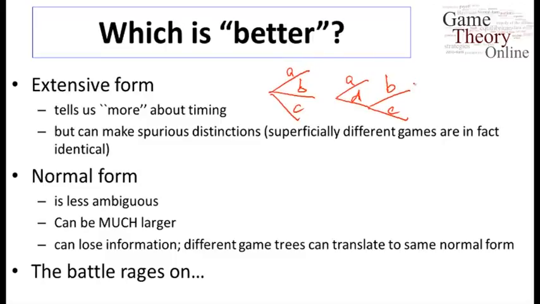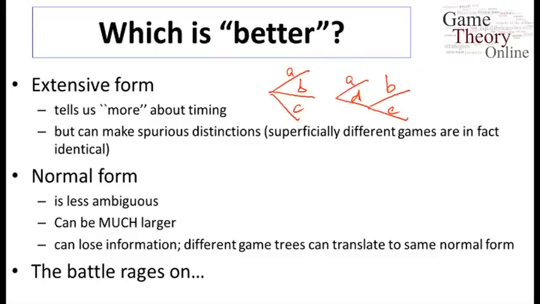On the other hand, similarly, one could argue that the normal form game loses information because different game trees translate to the same normal form. It turns out to be an interesting philosophical debate that is not settled, and we will simply note that the two forms exist and move on.